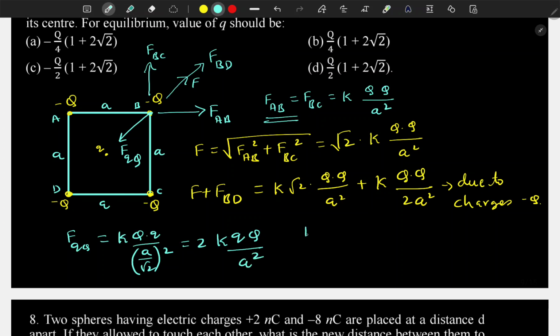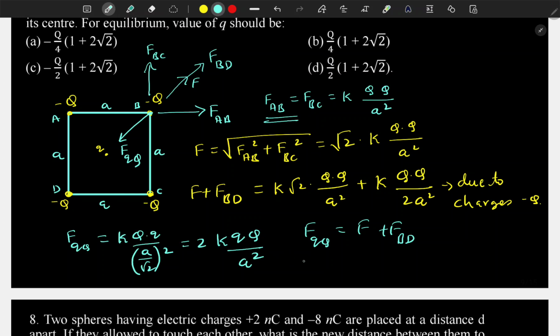Now we know that the force by small q on capital Q is equal to F plus FBD. So if you equate those two, what do you get?